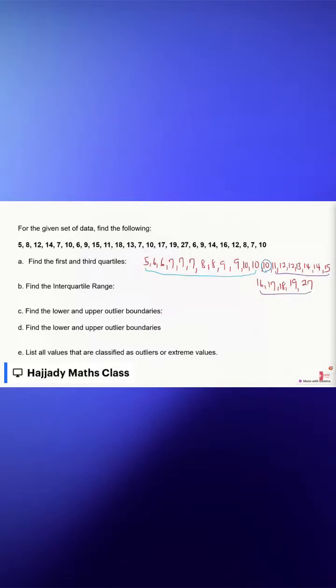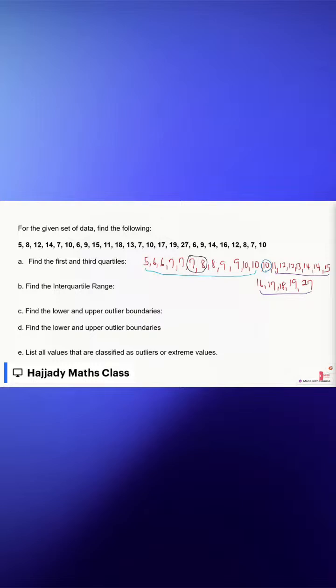Now, to get the first quartile, you find the median of the first half. The median of this is going to be the 7 and the 8. These are the middle numbers, because 1, 2, 3, 4, 5, 6, 7, 8, 9, 10, 11, 12. Half of 12 is the 6th value and the 7th value.